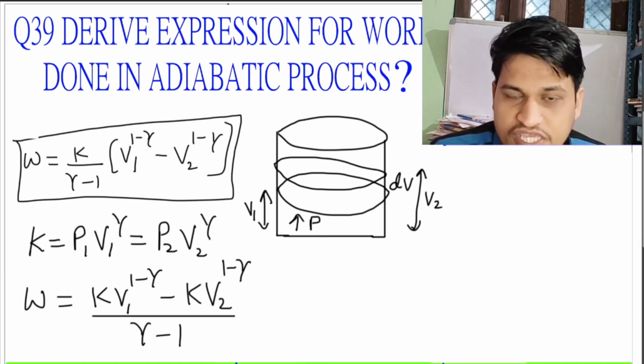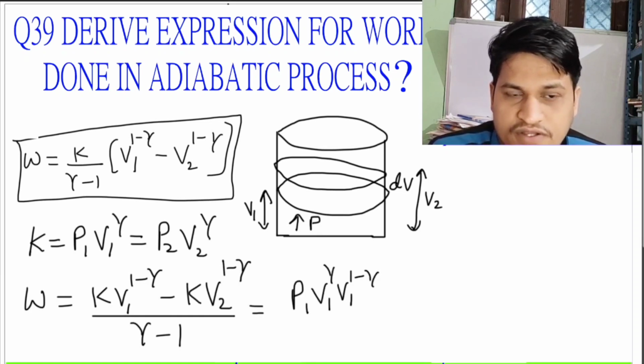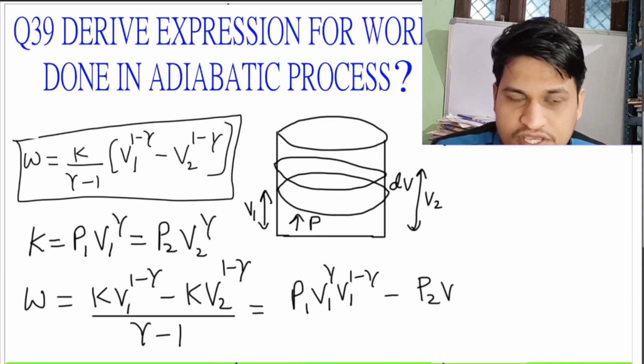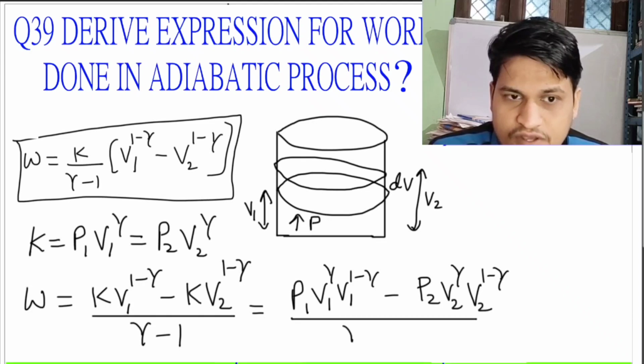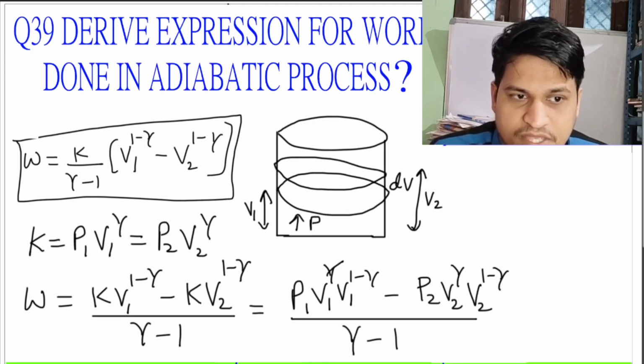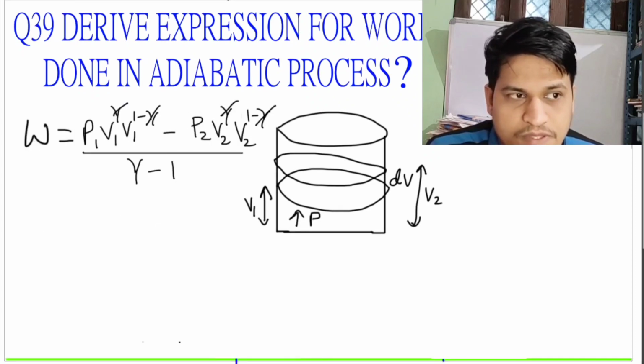Now we put the K value P1 V1 to the power gamma into V1 to the power 1 minus gamma, minus, the second time we put P2 V2 to the power gamma into V2 to the power 1 minus gamma, upon gamma minus 1. Now gamma will cancel out, so we will get W equals P1 V1 minus P2 V2 upon gamma minus 1.